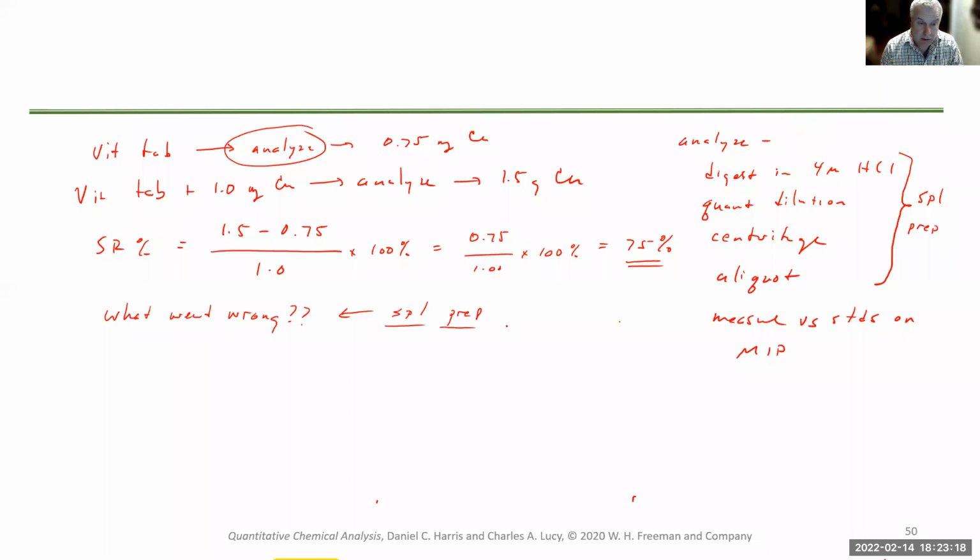Maybe you get 163% very consistently. Then somewhere along the line you're picking up copper. It could be in a pipette or in the centrifuge. That sounds more likely in an ultra trace analysis, but it can definitely happen.